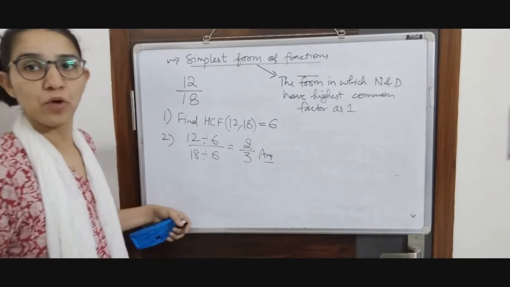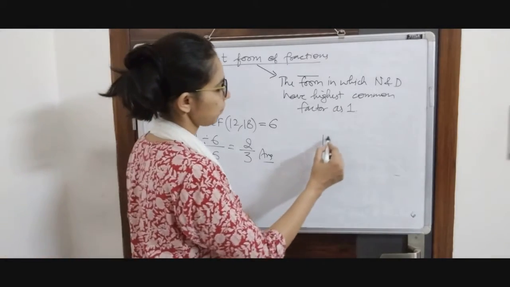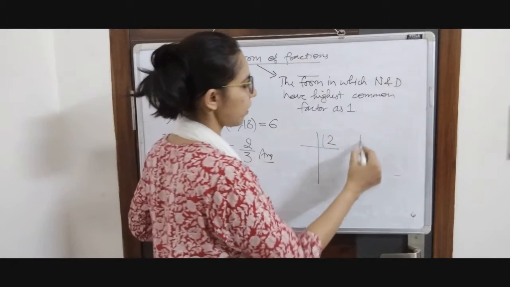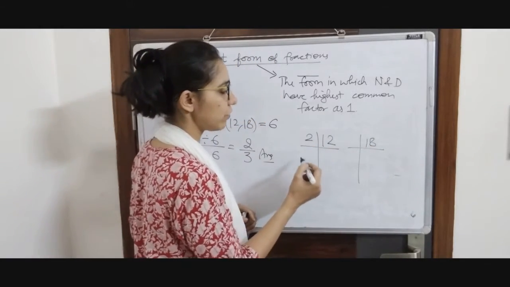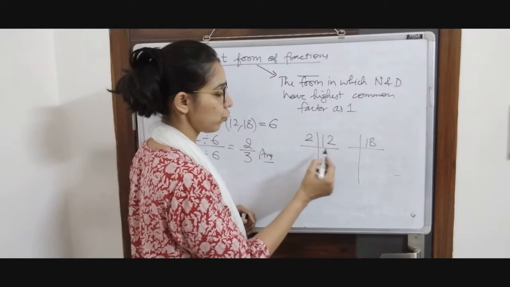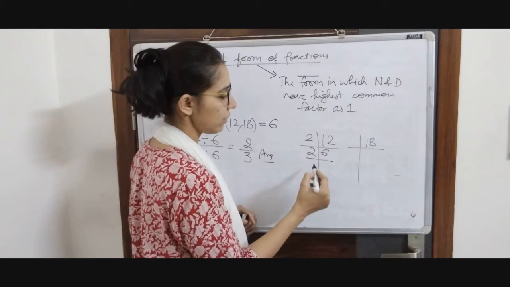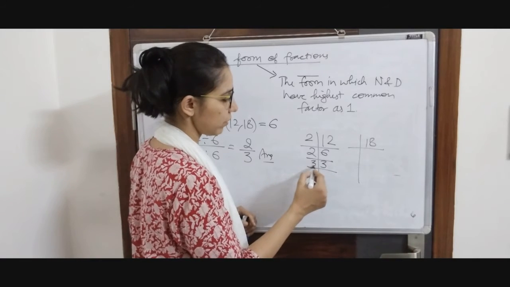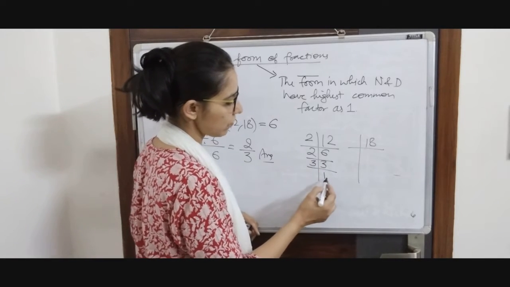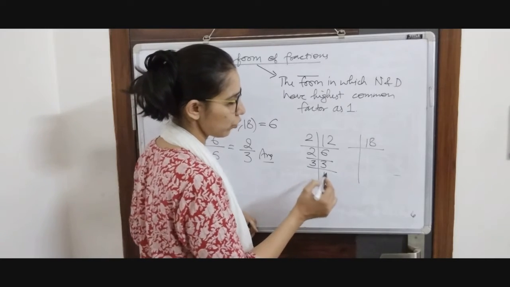Just to recap how to find the HCF, we will prime factorize the numbers. We will start with the least prime number, which is 2. 18 divided by 2 is 9. Now we can't divide 9 by 2, so we will divide by 3, then again by 3. When we get 1 here, we are going to stop.